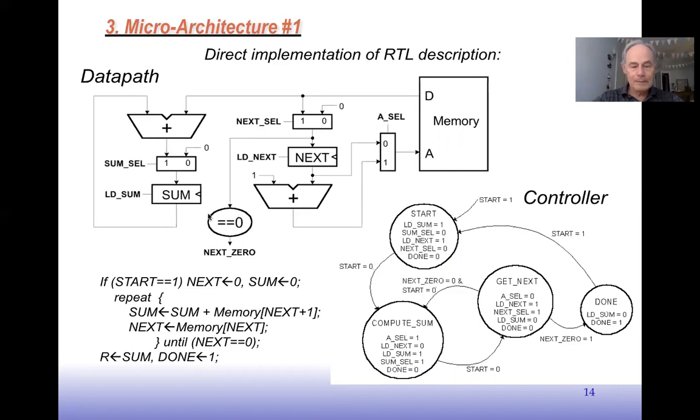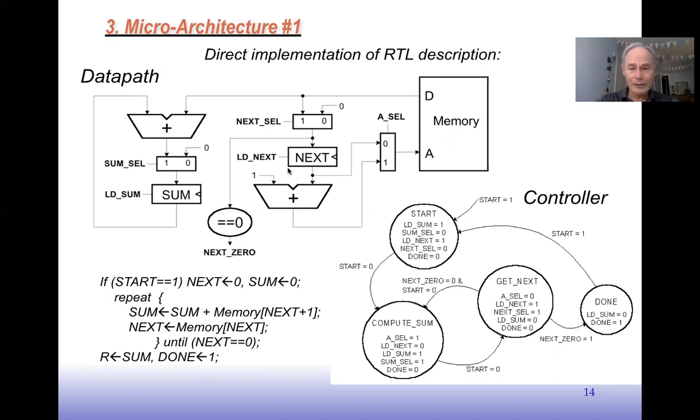And then here's the equal comparator here. We're going to have an output signal here called next_0, and that'll be a 1 if the next value, which is going to come out of memory and through this comparator, is equal to 0. If it's equal to 0, then this signal will be equal to 1. And that's going to go to the controller.